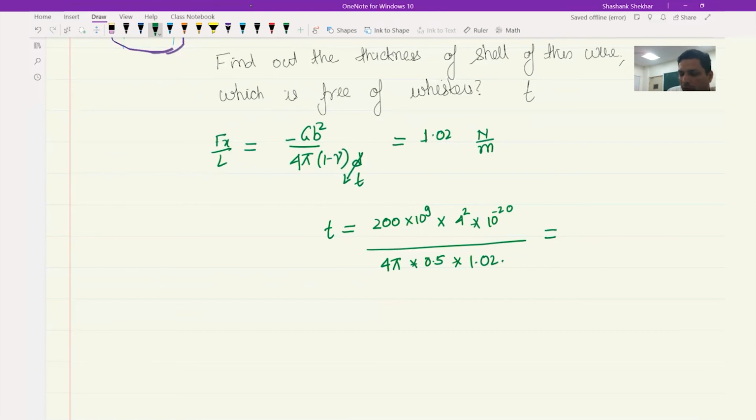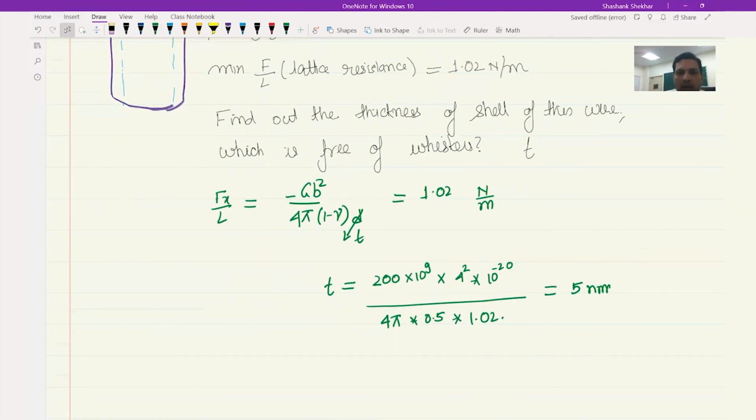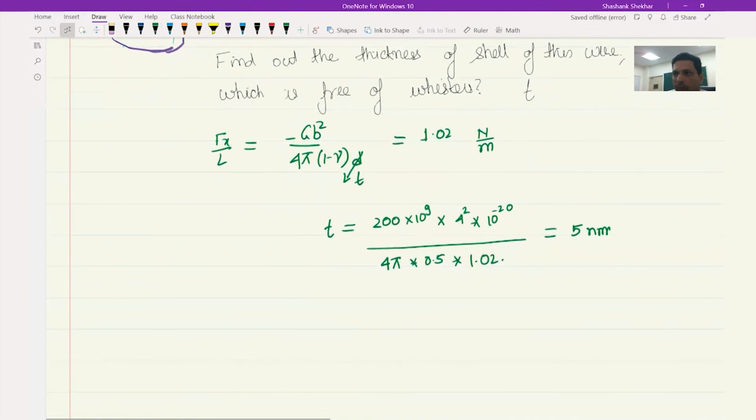So what we will get is equal to 5 nanometer if you solve it. Therefore, a thickness up to 5 nanometer would remain dislocation free.